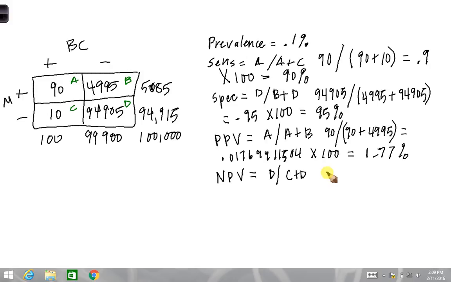So that's going to be 10 divided by 10 plus 94,905. So these are women who have breast cancer but have a normal mammogram out of all of the women who have a normal mammogram.